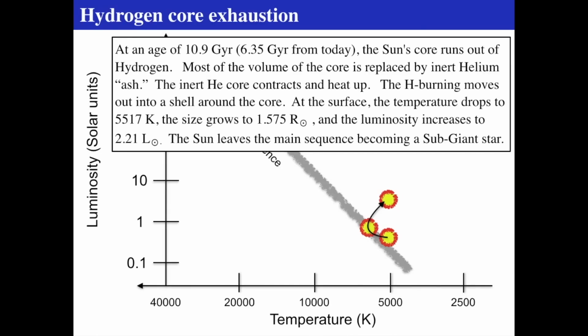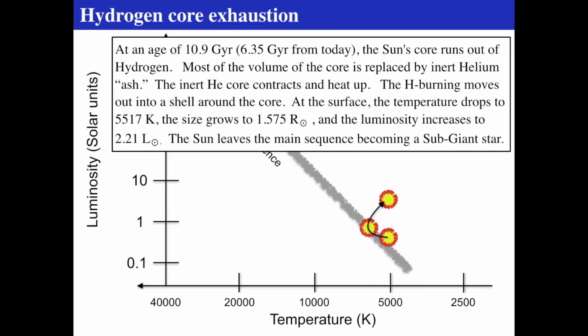So at an age of almost 11 billion years, about 6.25 or 6.35 gigayears from today, it'll run out of hydrogen. Most of the volume of the core is helium, and the core will contract because the pressure of the star above it is heavy and pushing it together, such that the volume around it can contain only hydrogen, which then participates in the hydrogen burning in a shell around the core.